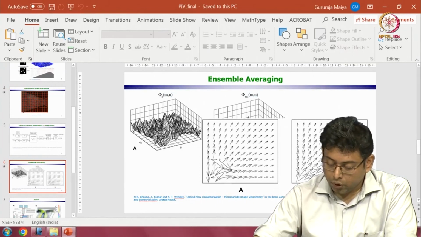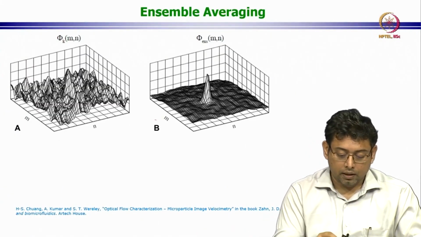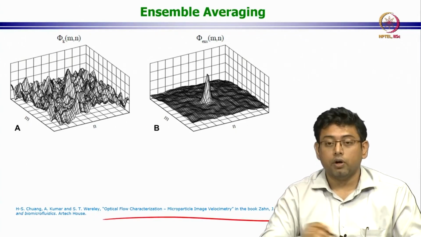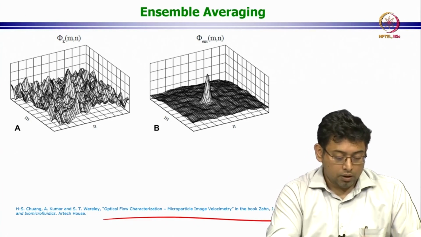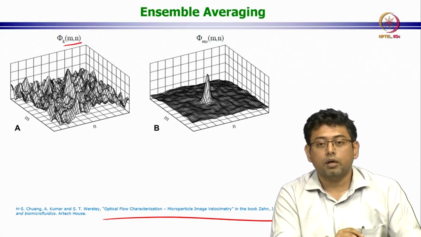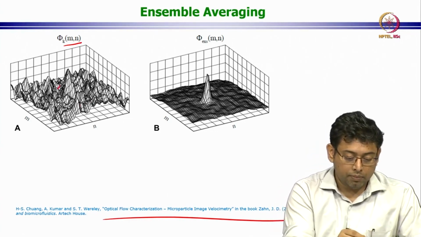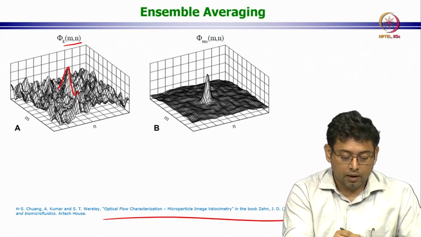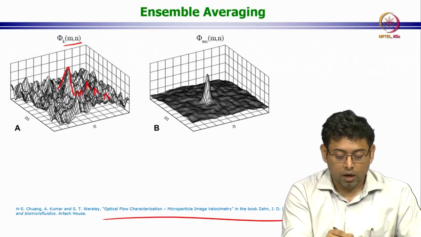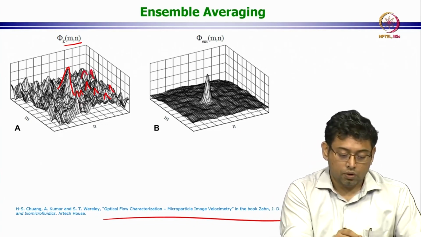So let me show you one such system. This again is a figure taken from this book chapter, which I've already introduced to you before. So this is, for example, a correlation plot taken between two images. You can see the correlation peak which exists here is not very high compared to the background. So these are other peaks that are there, which are not the correct peak.